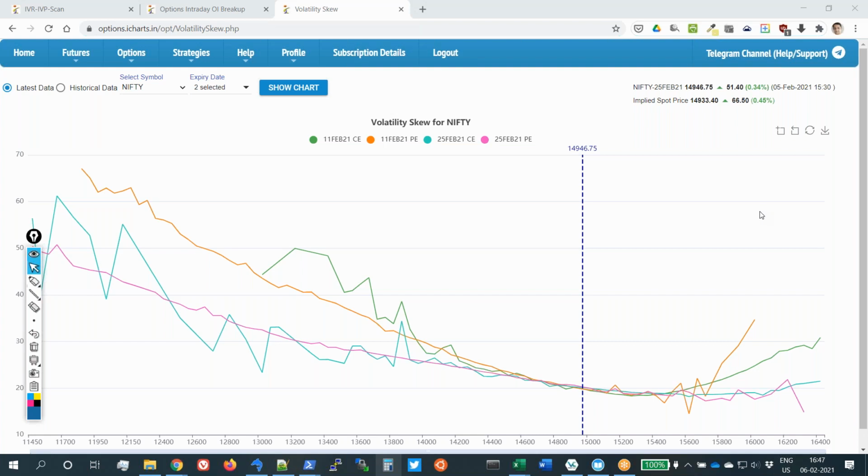We are building one or two of the tools that we have shown, CEP, OI difference, and also OI scan. We are coming out with EOD versions, so you can see what is happening to PE versus CE OI difference in the last few days.